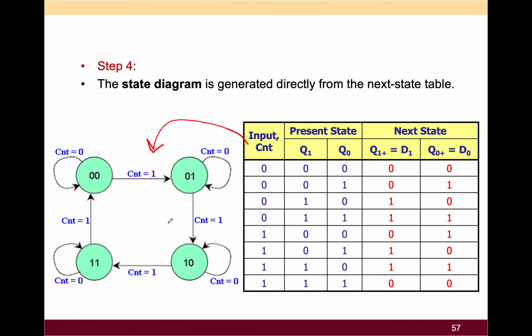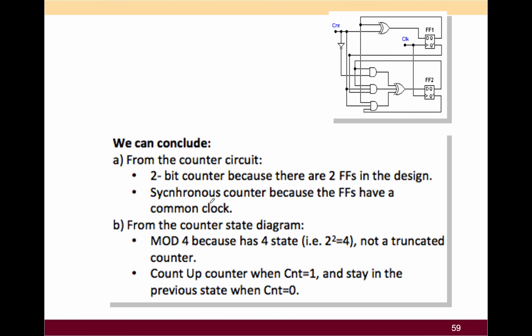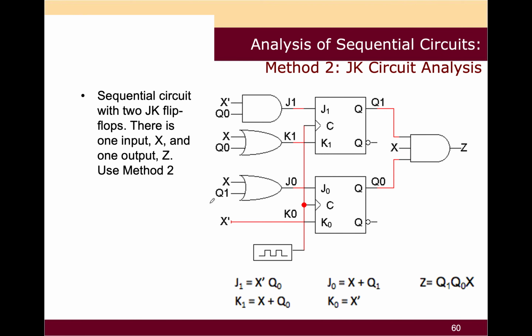This one I already showed you how to get. So please try it and remember back. If you cannot remember, please go back to yesterday's video and try to do the state diagram from the basics. So this one is just an example.